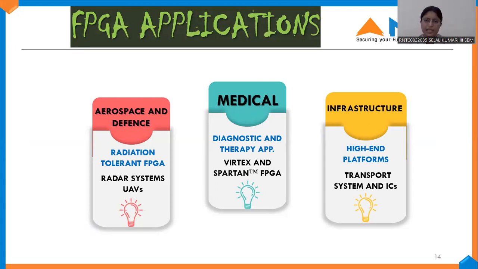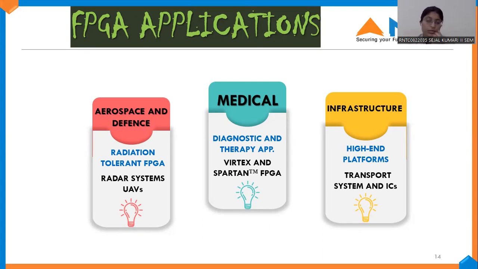Many commercial applications are also there where using an FPGA is very advantageous, like in servers, and various markets, including aerospace and defense. They're used in the medical field and distributed monetary systems as well. In the medical field, they are used for diagnostic and therapy applications, where we use the Virtex and Spartan trademark FPGAs.